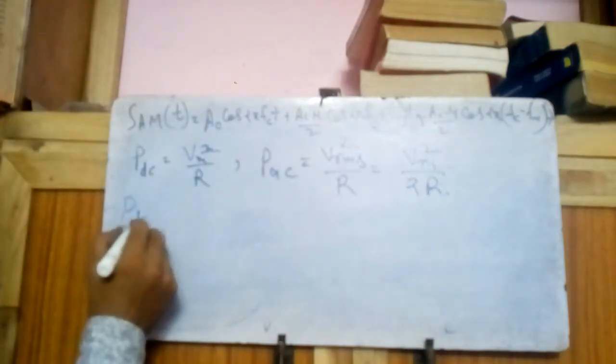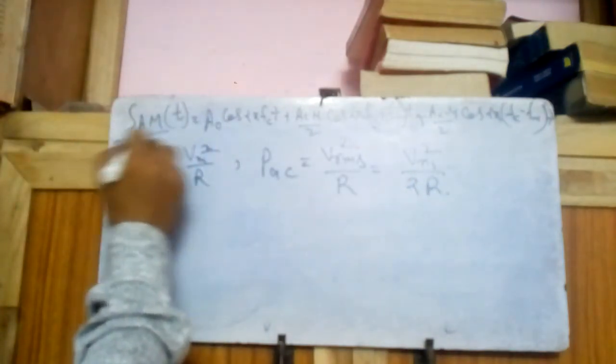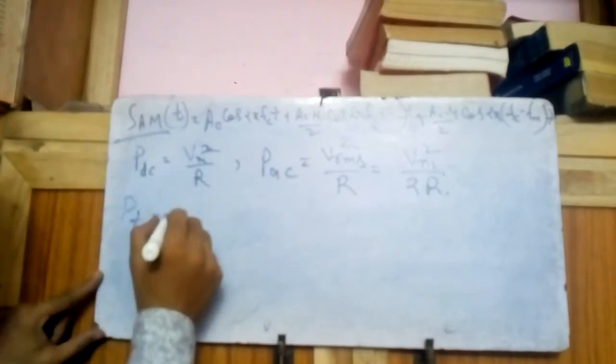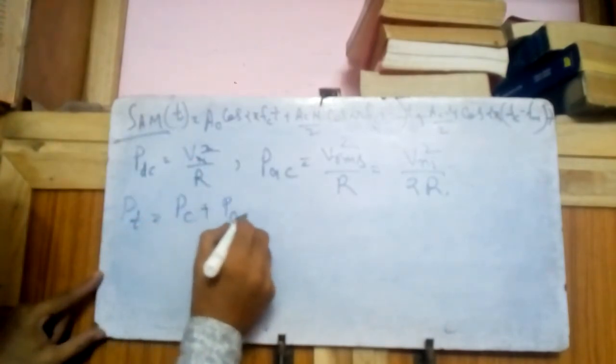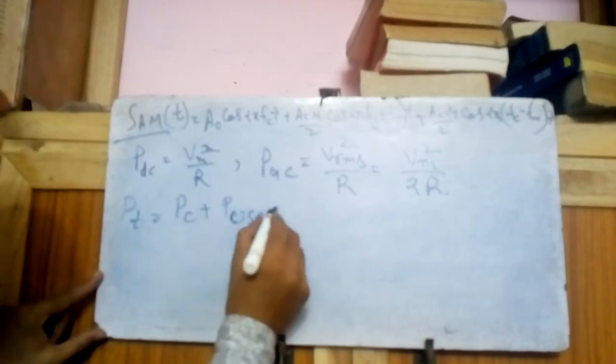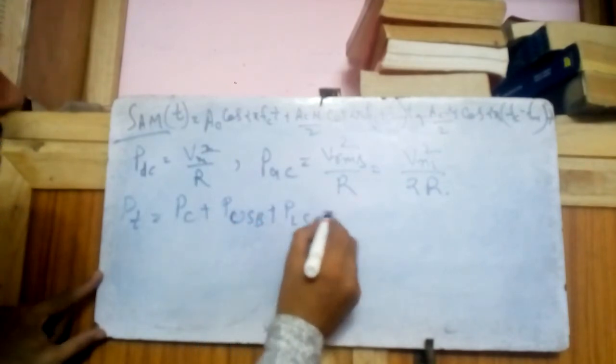So the total power of the amplitude modulated signal s(t) will be carrier power plus upper sideband power plus lower sideband power.